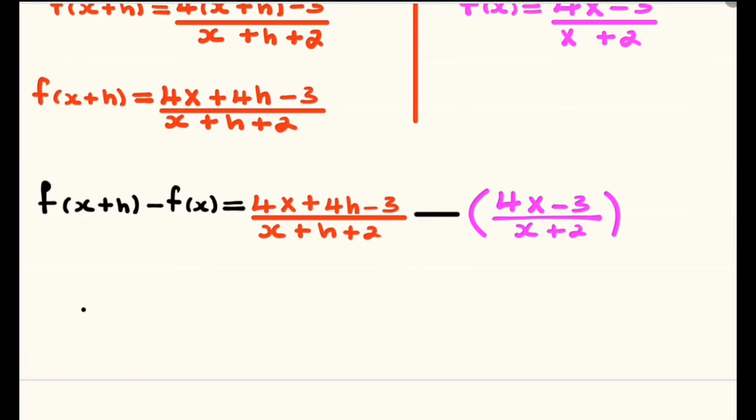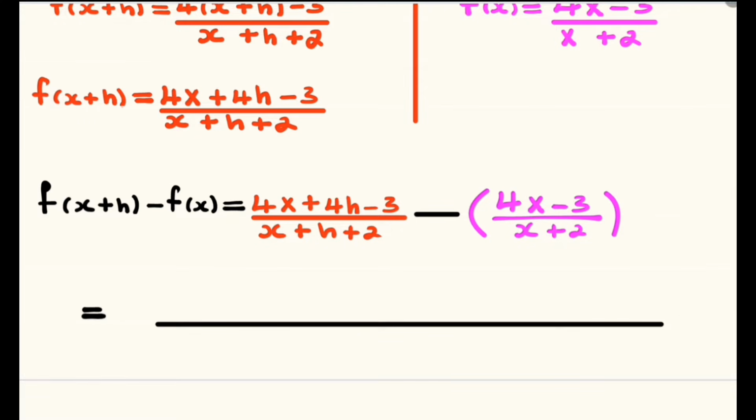And we simplify, and this will be equals to, so our LCD is equals to x plus h plus 2 multiplied by x plus 2.